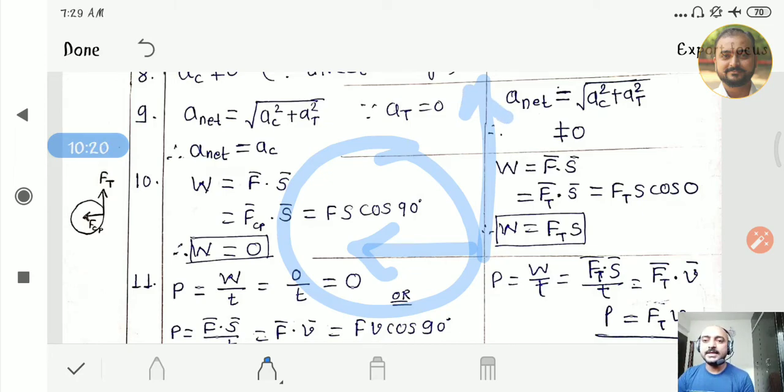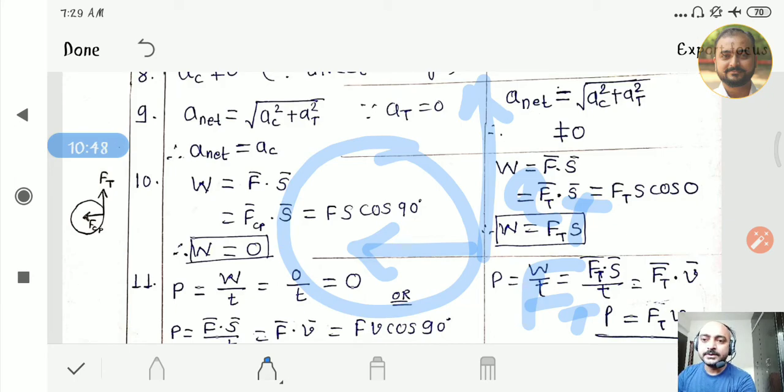In case of tangential acceleration, everyone knows Newton's second law: as acceleration is produced in the body, there is a force present, meaning without force no acceleration is there. As at is along this direction, ft is along the same direction.